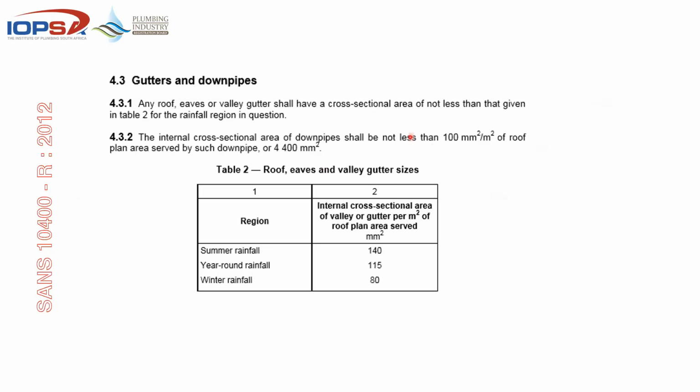And if you take the internal cross-section area of that pipe, they work out to around 4,600 square millimeters. But that is the absolute minimum downpipe size. It does not say how many of them you need. It does not say where you need to put them, in which corner, on which outlet. It just says that those downpipes cannot be smaller than that size.